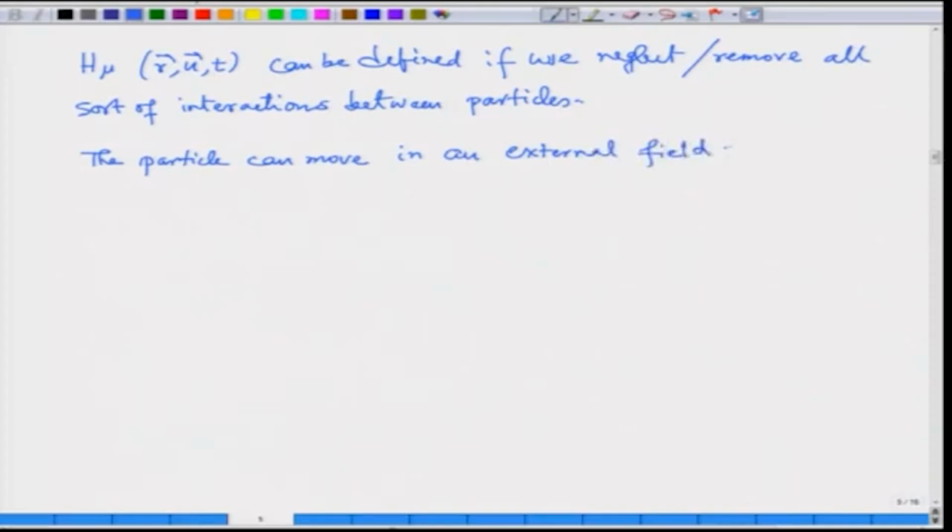For example, if you have a container of gas molecules, but they are not colliding with each other, they are not attracting or repelling each other, but all of them, for example, the total container is put on earth. So, all of them are experiencing earth's force of gravity.